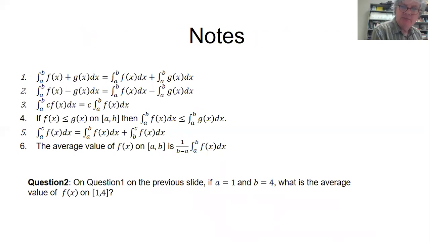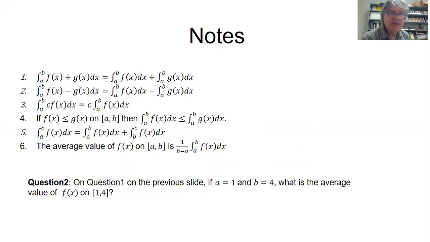Okay, so some notes then. Integration is nice and linear. The integral of a sum is the sum of the integrals, just like the derivative of a sum is the sum of the derivatives. We can see that because when we do the Riemann sum, if the height of our rectangle is f plus g, we can have a rectangle of height f on top of a rectangle of height g, and break it up into 2 different Riemann sums.